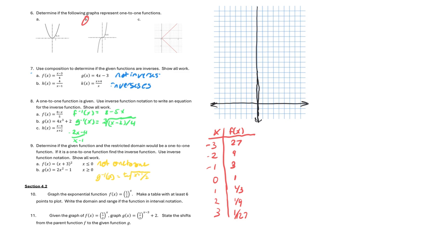So at -1, we're at 3. At -2, we're at 9. And 27's way out there. At 0, we're at 1. Then we get to like 1/3, 1/9, 1/27. Come in like this.